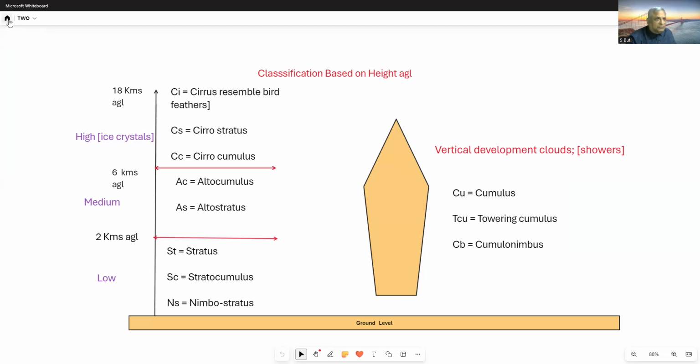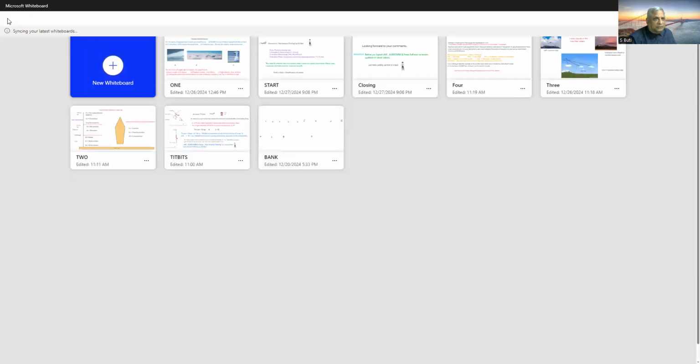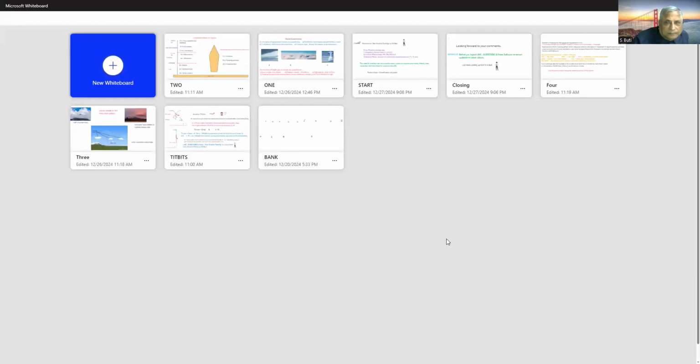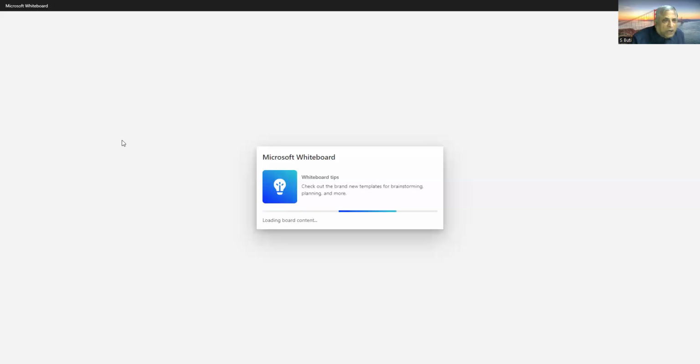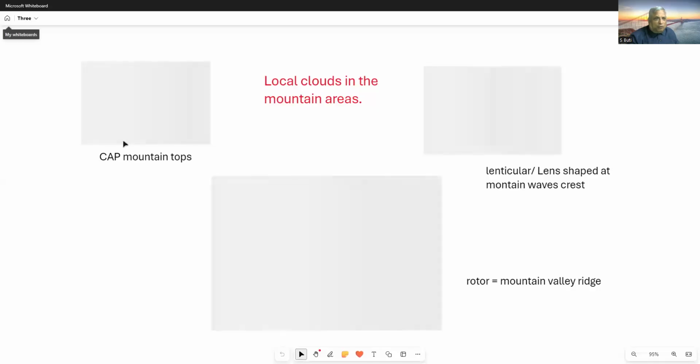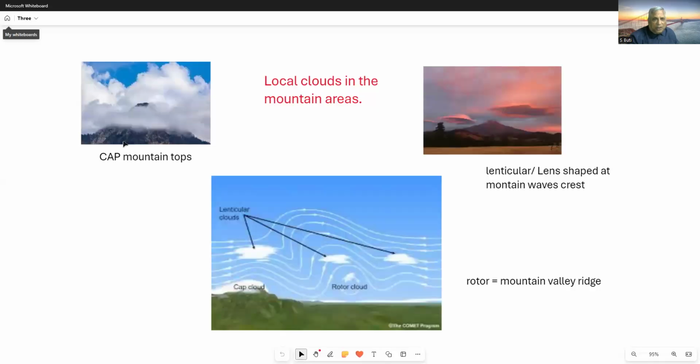Then next, some clouds which are confined to local areas are not found all over. And these are basically in the mountain areas.